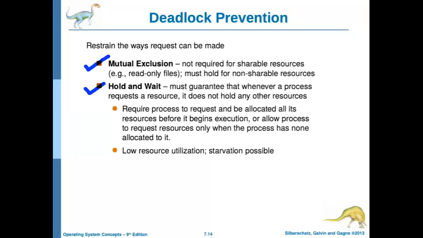So this will definitely ensure that the hold and wait condition is broken, because I am holding nothing and then asking for 3 resource types. That is how we try to break the hold and wait condition required for deadlock to occur.